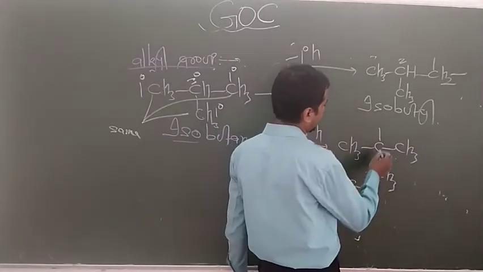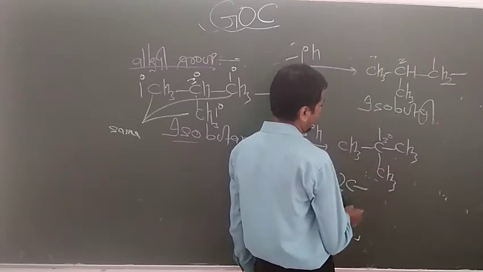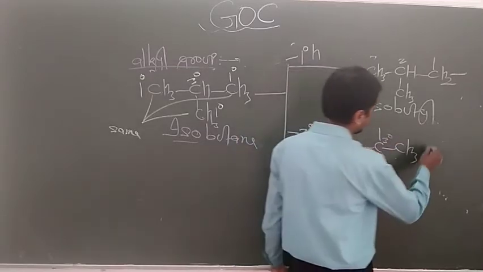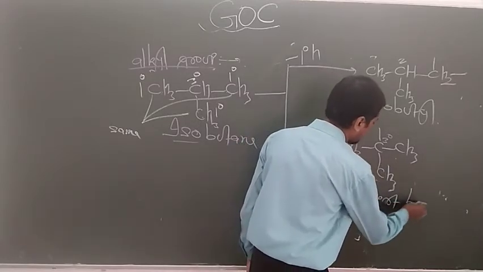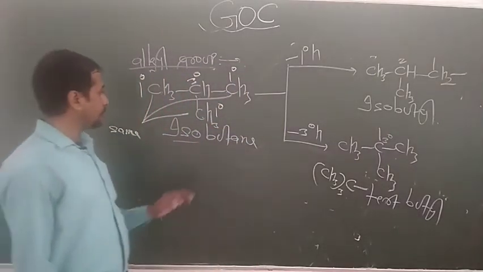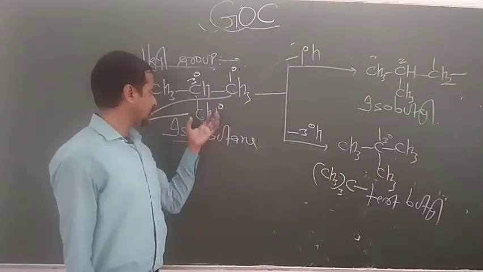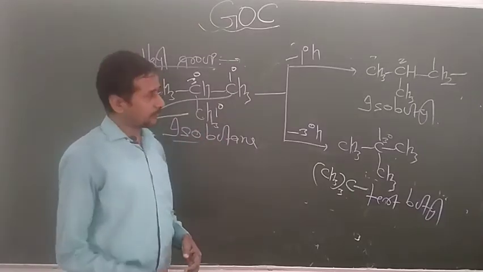So now this becomes tertiary because the 3 degree carbon is attached with 3 carbons. So this group is known as tertiary butyl. So from butane, that is normal butane and isobutane, we can generate a total of 4 groups.